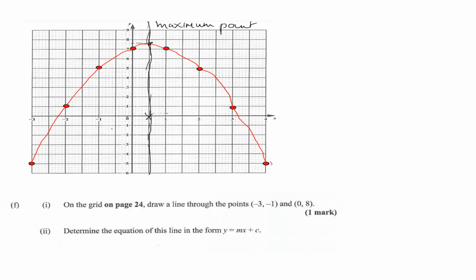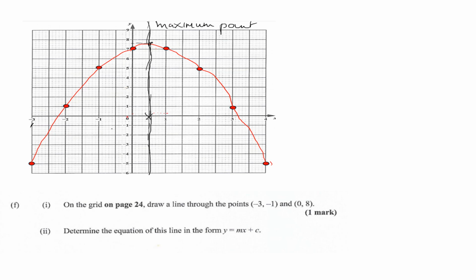Part F, on the grid on page 24, draw a line through the points negative 3, negative 1, and 0, 8. So we have to plot those points. So let's put it in black. So negative 3, negative 1, that's right here. Okay.